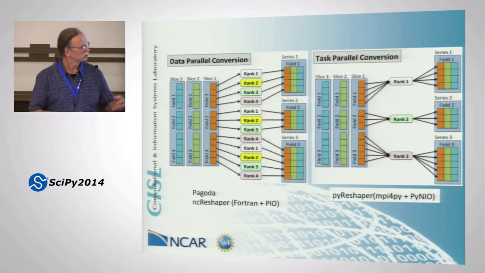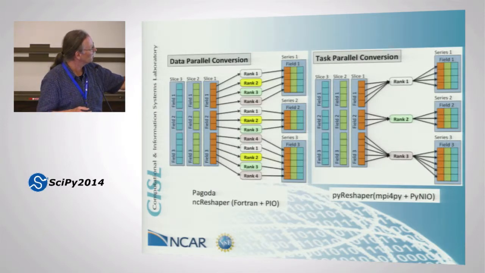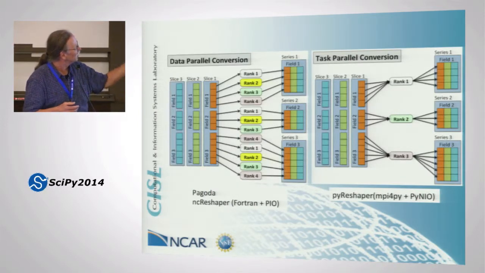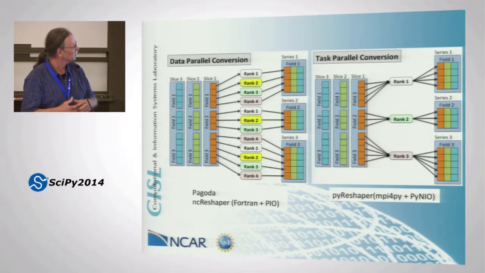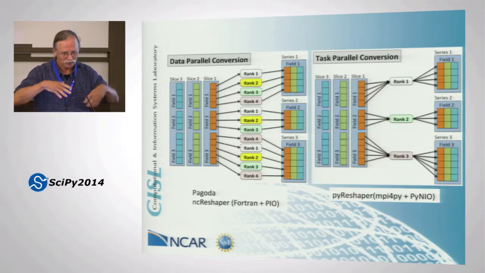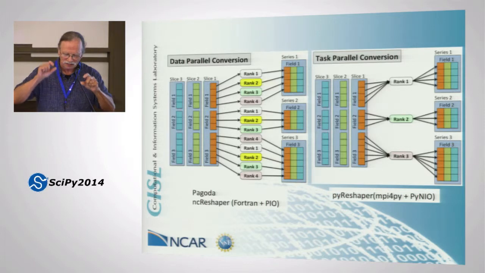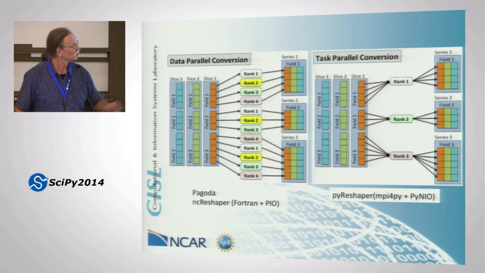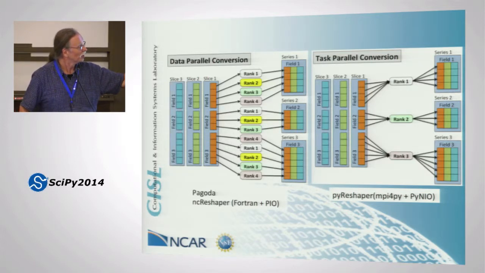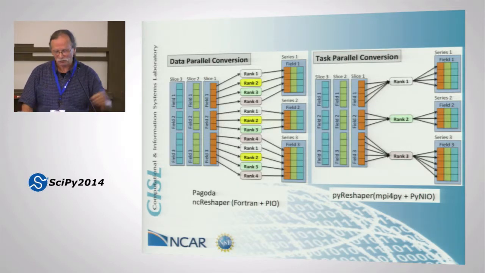Let me explain data parallel versus task parallel, which is what the PyReshaper essentially is. If it was data parallel, you'd have multiple processes writing to the same file, which is more complicated, as opposed to a task parallel situation where each process only writes to one file.